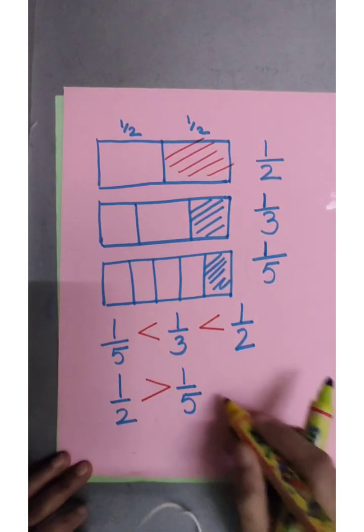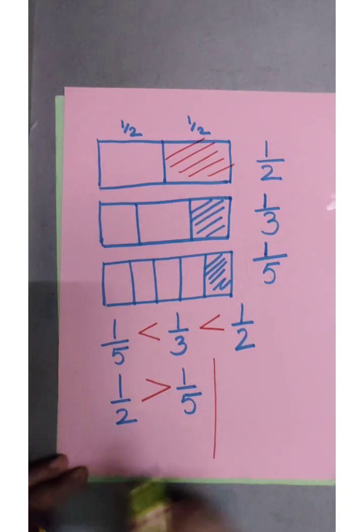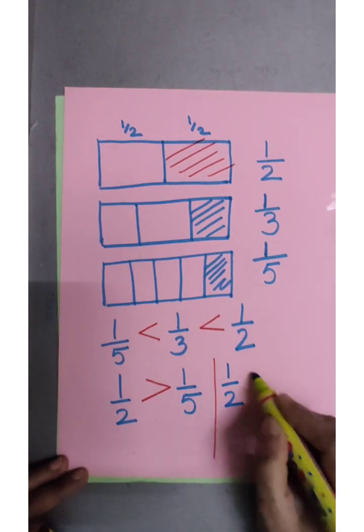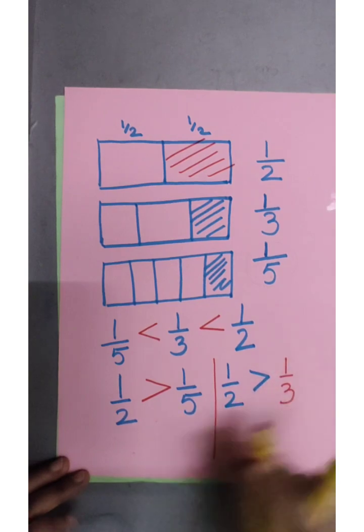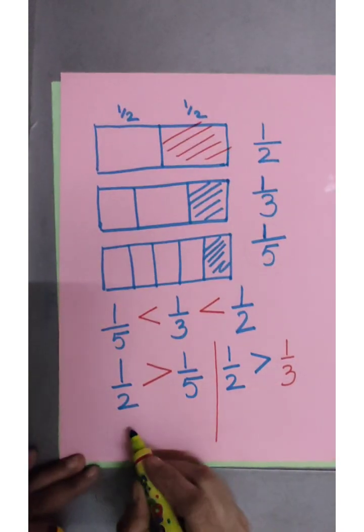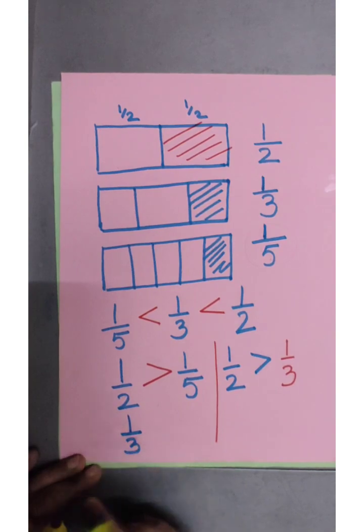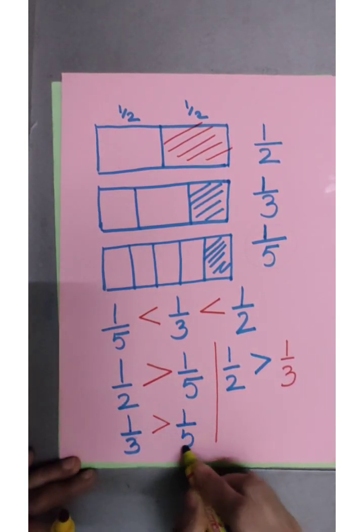You can also say that half is bigger than 1 by 3. You can also say that 1 by 3 is bigger than 1 by 5.